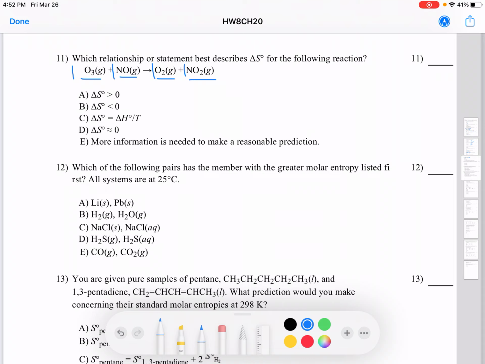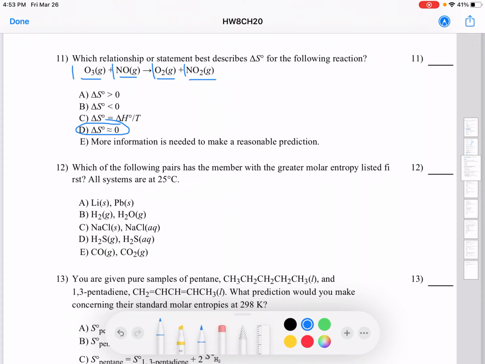And if you look at the number of atoms overall, 3, 4, 5, and 2, 3, 4, 5. Both the reactants and the products have 5 atoms combined. They are almost similar, right? So in that case, we can say for number 11, delta S naught is almost 0. There is not much of a difference between the reactants and the products.